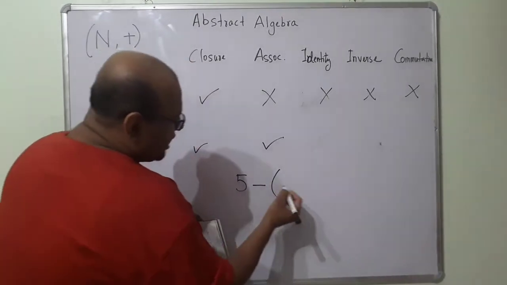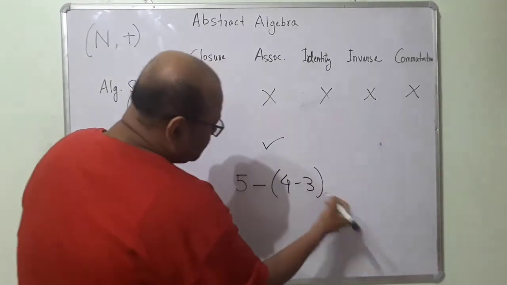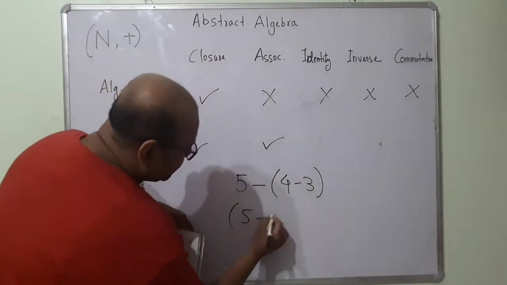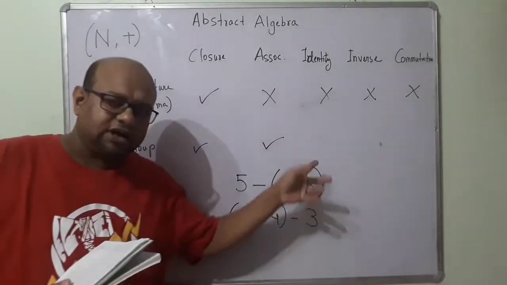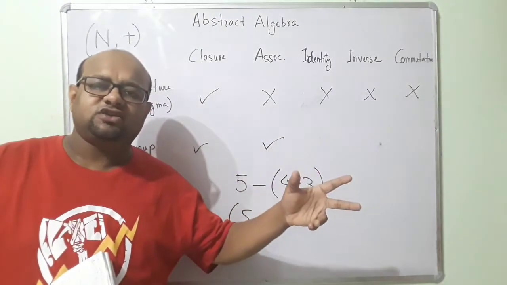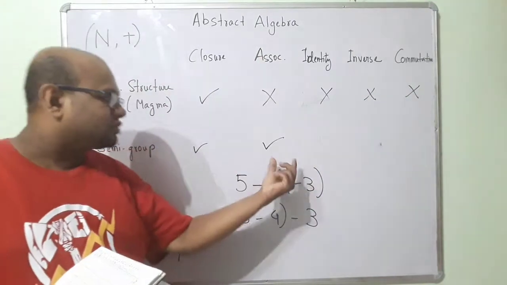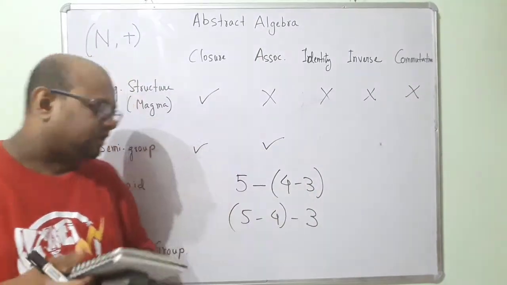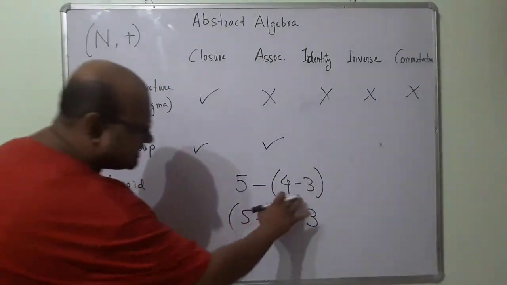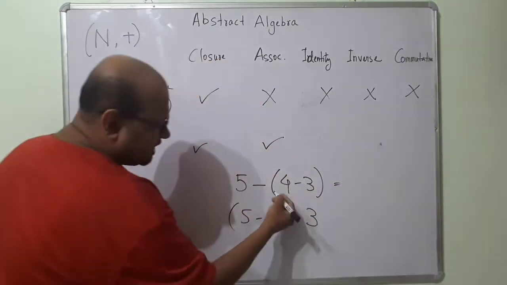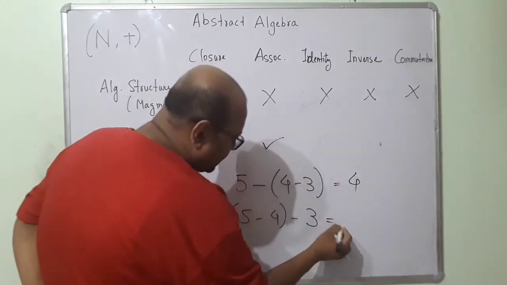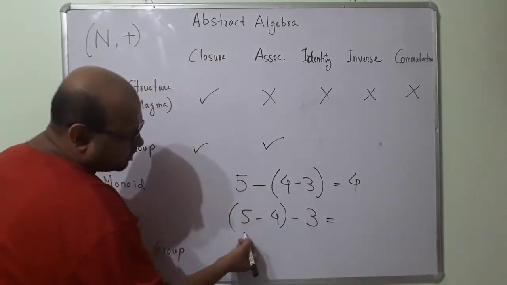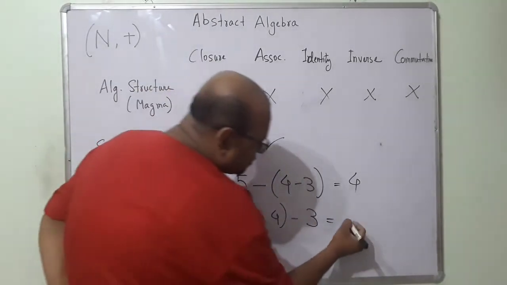I have 5 minus 4 minus 3 grouped two ways. If both of them are equal, then left associative is equal to right associative, and associativity will be true. But this one, 4 minus 3 is equal to 1, 5 minus 1 is equal to 4, and this one, 5 minus 4 is equal to 1, 1 minus 3 is equal to minus 2.